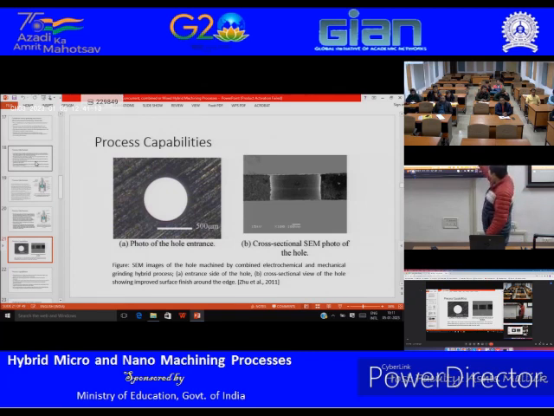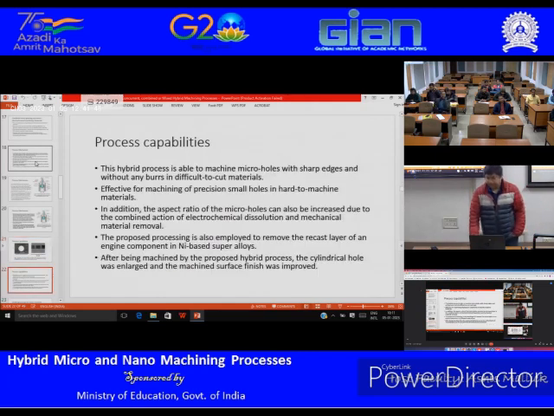Here also you see the edges are very good, because you put a coating to avoid electrochemical dissolution after the abrasive action. If the dissolution happens before the abrasive action, the abrasive action will make it very clean, but after the abrasive action you control the electrochemical dissolution, and then it should give you a very good surface finish, right? So those are the process capabilities.